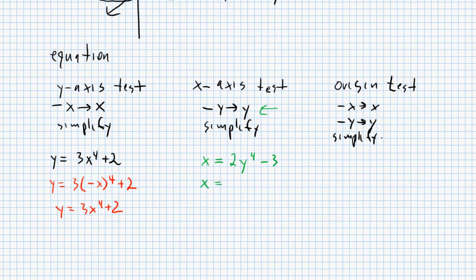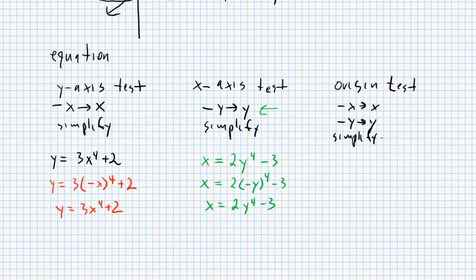X is equal to 2 times opposite y to the fourth power minus 3. Opposite y to the fourth power is y to the fourth power. So we end up with, after simplifying, the same equation that we started with. So this equation, were we to graph it, would have x-axis symmetry.